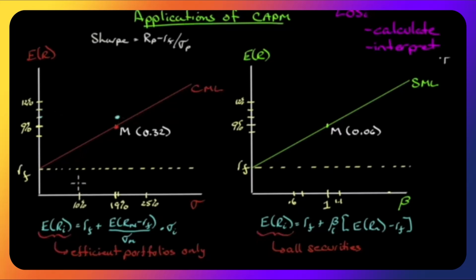And Z was 12%, was a higher return, but a significantly higher risk at 25% risk. So 25% at 12 would have placed us somewhere right around there. So let's go ahead and see if we can't connect those portfolios.